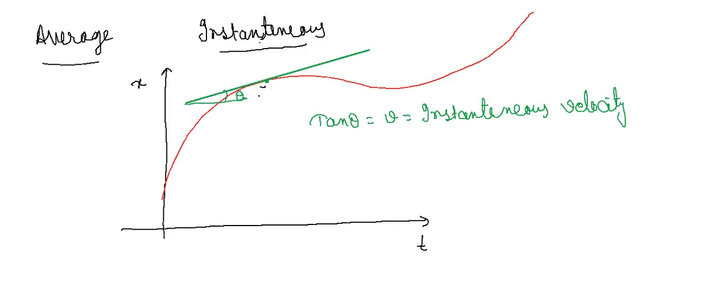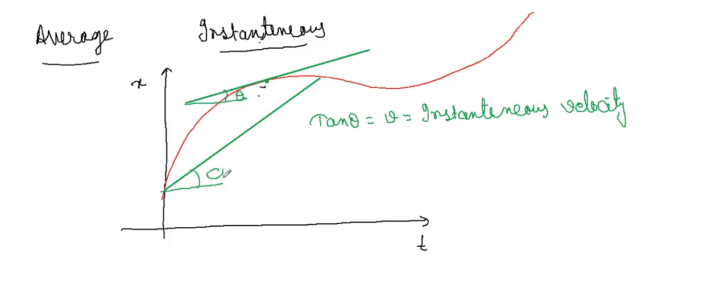And how do we find the average velocity? For average velocity we just need to connect the first point to the last point, and this will give you the average velocity.